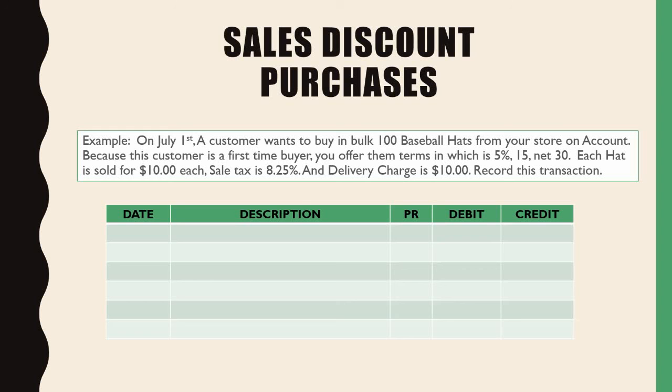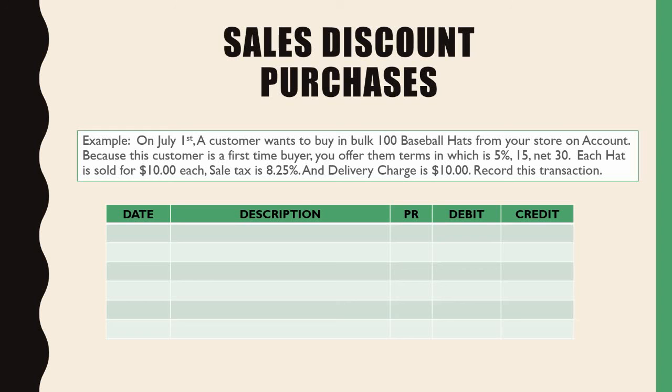And because the customer is a first-time buyer, you offer them terms, which are 5% 15, net 30. So again, it's a new customer. They want to buy it on an account. Great. I will give you terms because you're opening the account for the first time. So you're going to offer this to them, okay?